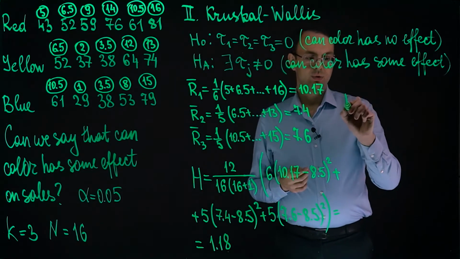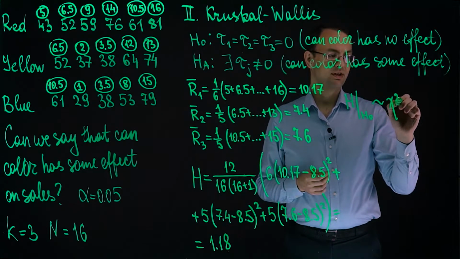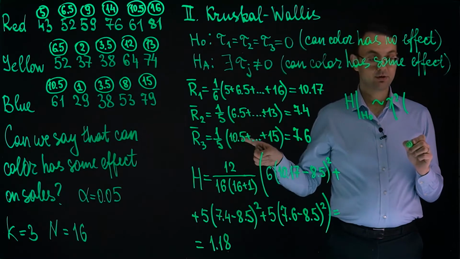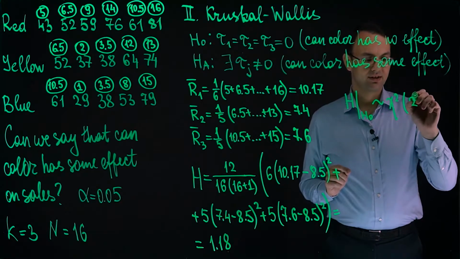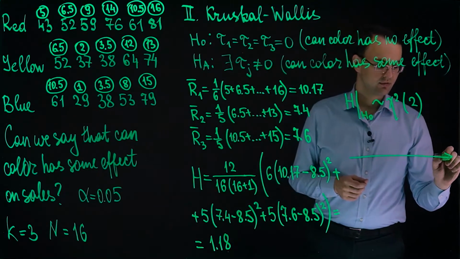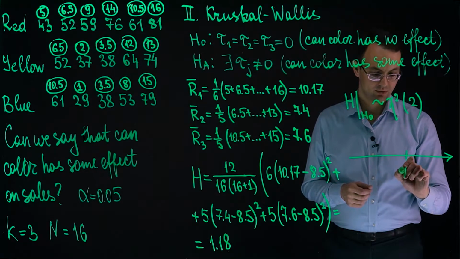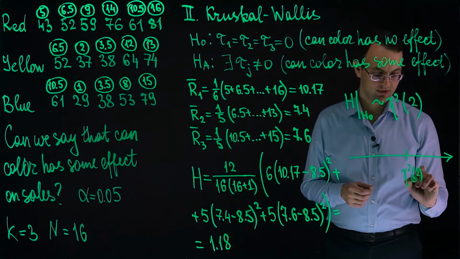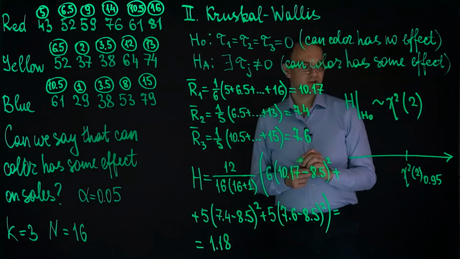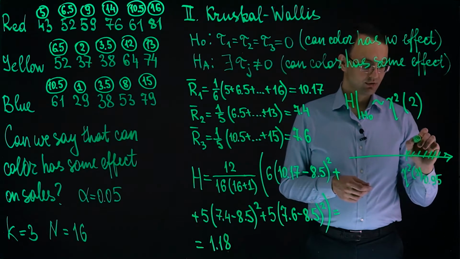Now we know that under the null hypothesis, the distribution of the test statistic is chi-squared with k minus 1 degrees of freedom. K is 3, so it is 2. For the critical region, we are to find the chi-squared quantile with 2 degrees of freedom of the level 0.95, if we still use the standard significance level, and we do so.